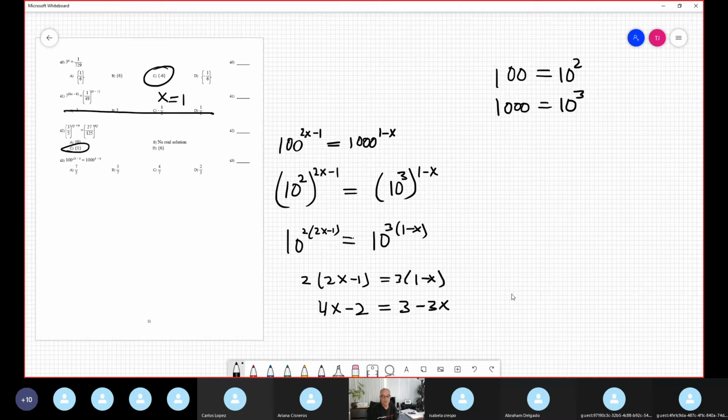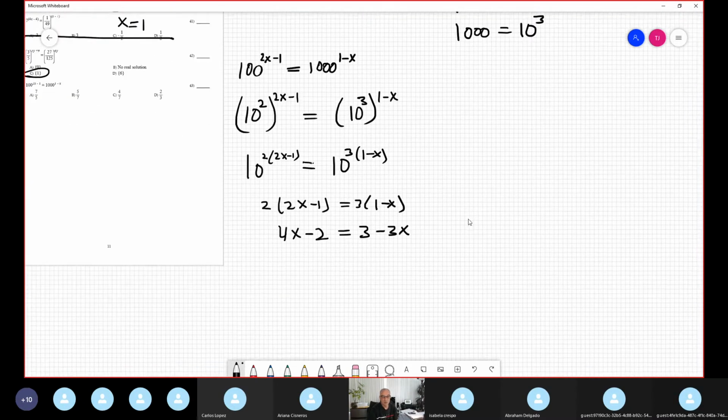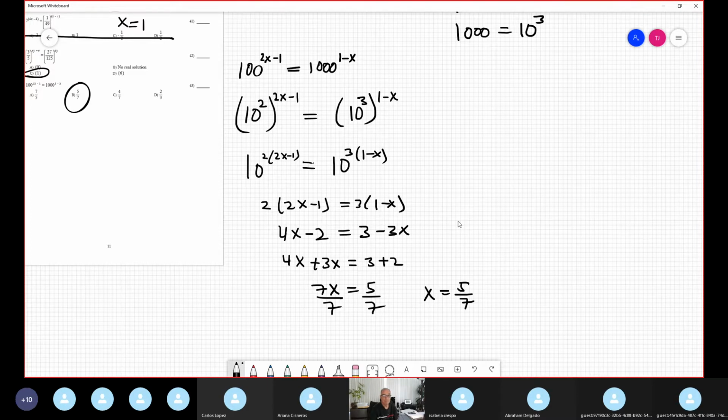Okay. So I try to group the terms that contain x on one side. I recommend the left. And grouping, this is 3 plus 2, no? This is 7x. This is 5. Divided by 7, the solution is 5 over 7. Let me check. Yeah, option B. Good.